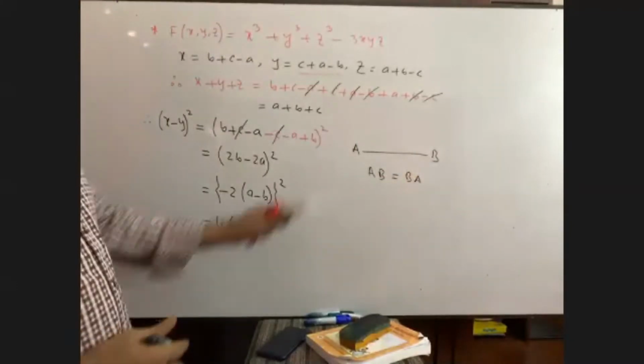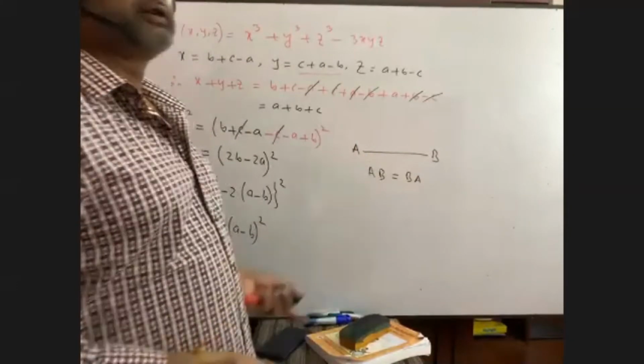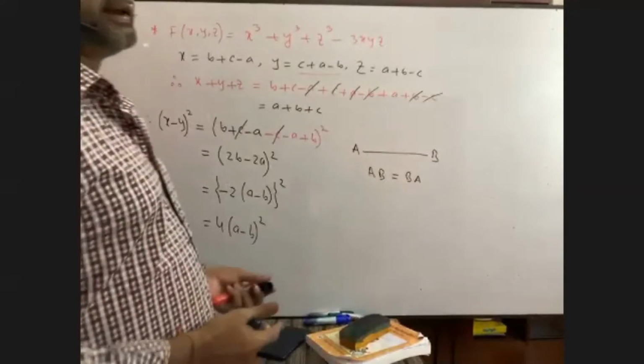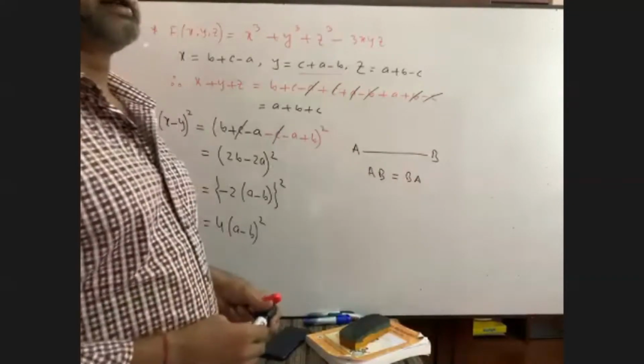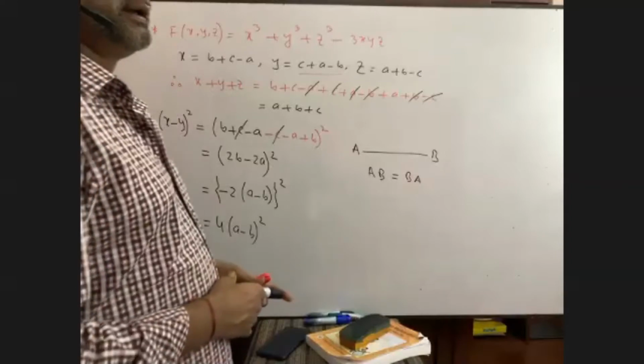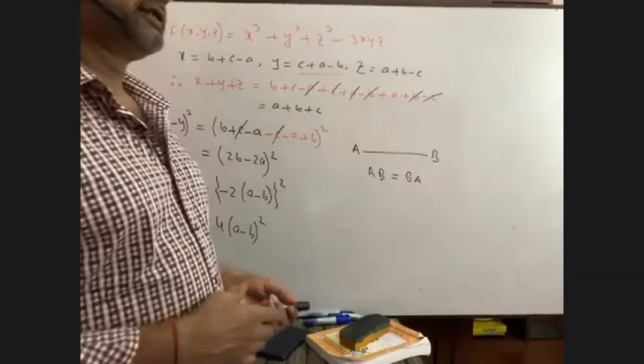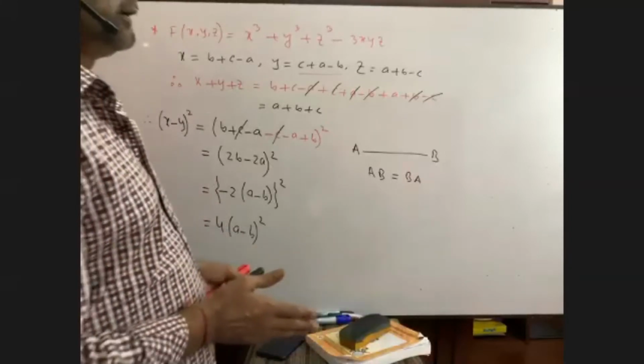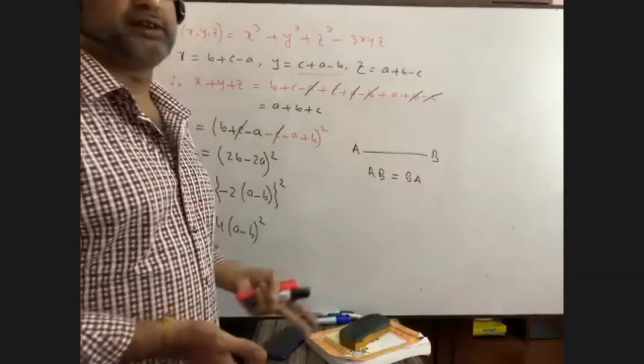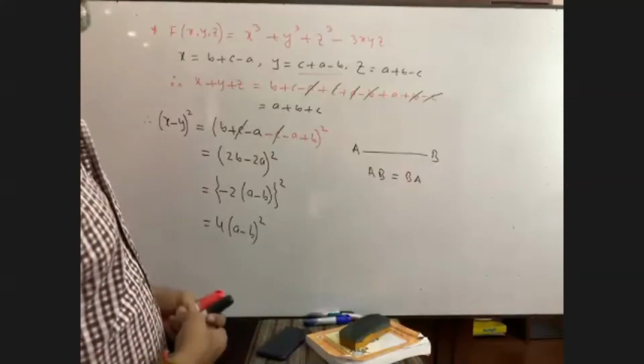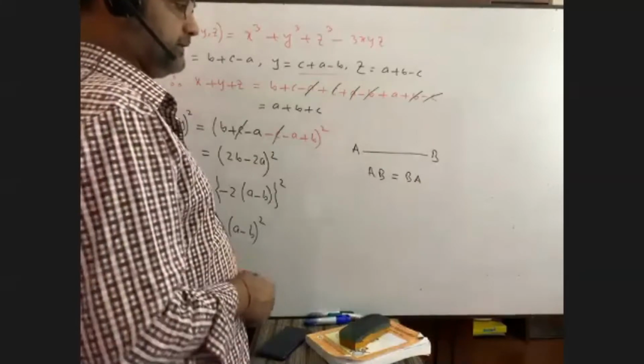The distance between A and B is equal to the distance between B and A. If I ask what is the distance between Dhanmondi and Newmarket, and the distance between Newmarket and Dhanmondi, the answer will be the same, right? Because for distance, there is no negative sign.